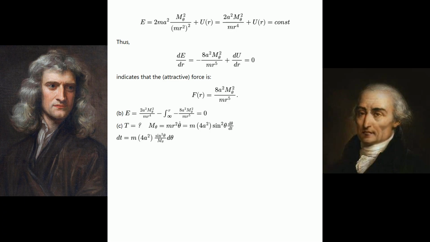L equals m r squared theta dot equals m 4a squared sine squared theta d theta over dt. dt equals m 4a squared sine squared theta over L d theta.